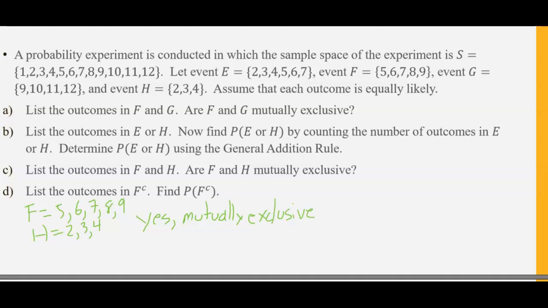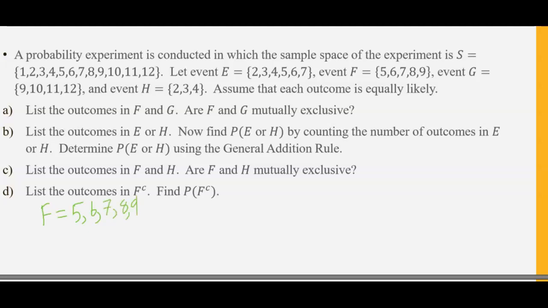And then finally, D. List the outcomes of F complement. F complement is the idea of a complement. The complement, in the definitions, simply means everything that's not inside of F. So here's F. F is equal to 5, 6, 7, 8, 9.